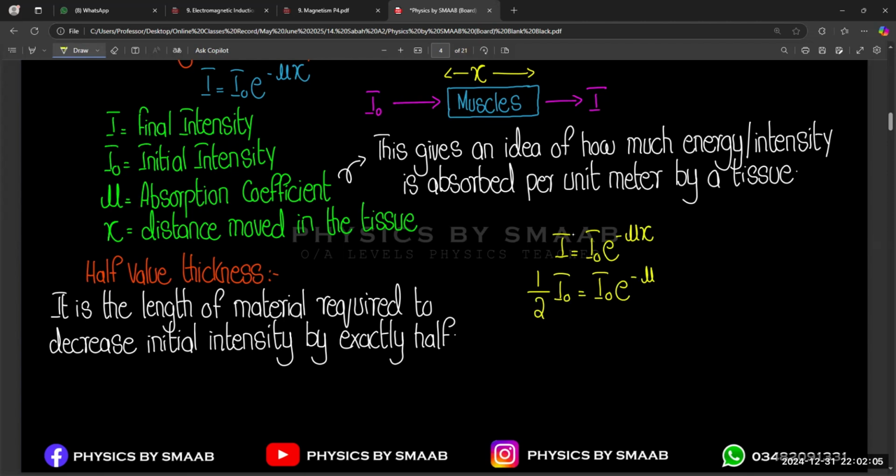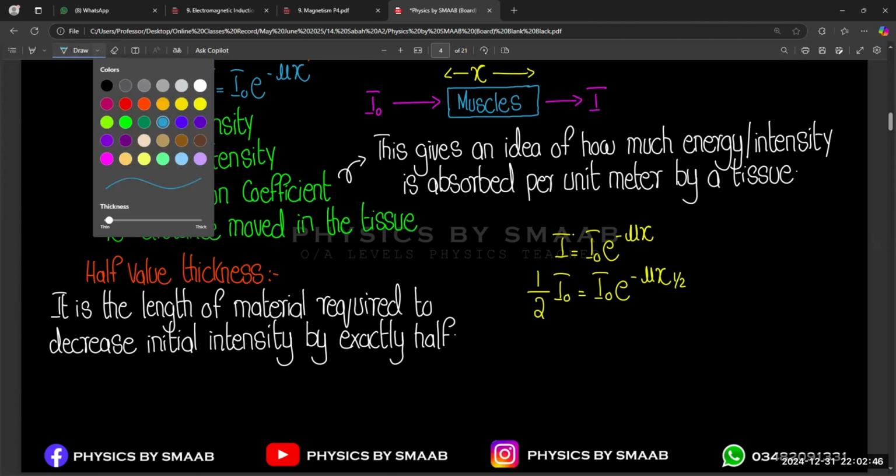We can say it also looks like the half-life, because half-life is also the time in which the original value decreases to half. If the X-rays are passing through muscles and different tissues with different lengths, we need to find at what length we will get exactly half the intensity. It is the same idea as the half-life, but that is related to radiation and this is related to X-rays, right?